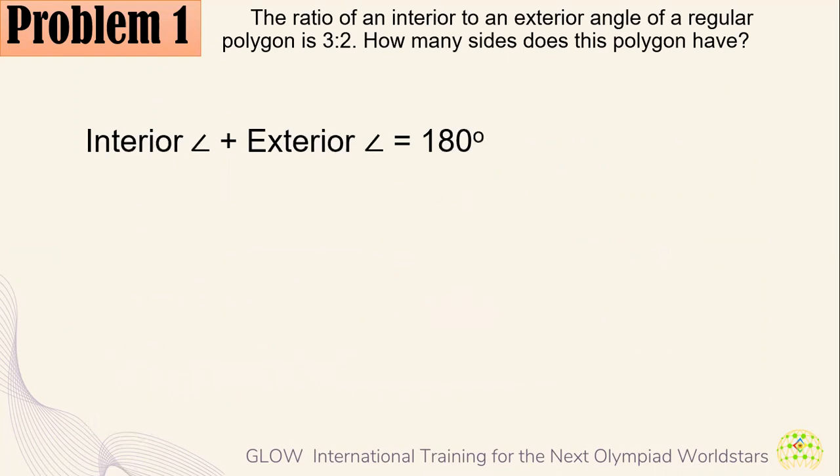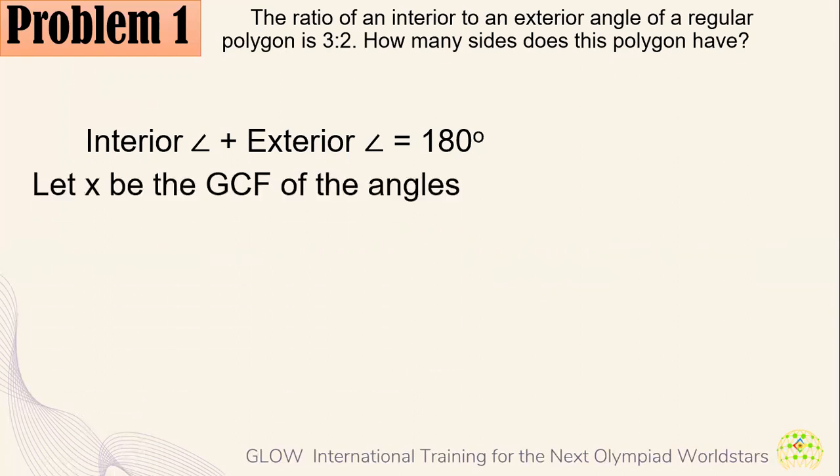We know for a fact that if you add the measure of an interior angle and its corresponding exterior angle, its measure is always 180 degrees. In other words, an interior and an exterior angle of a regular polygon are always supplementary. And since the ratio is 3:2, for now, let x be the greatest common factor of the measures of these angles.